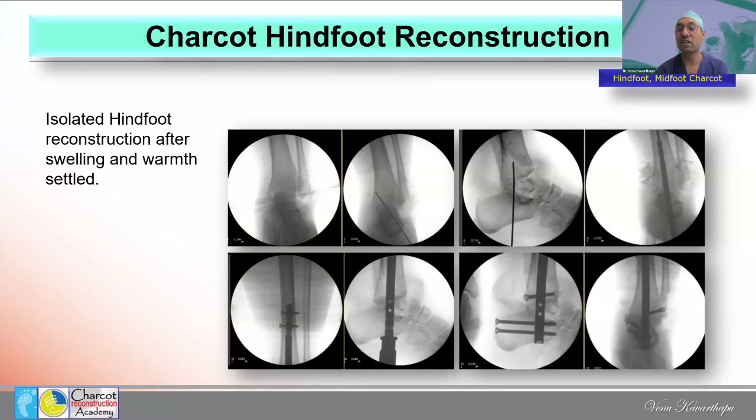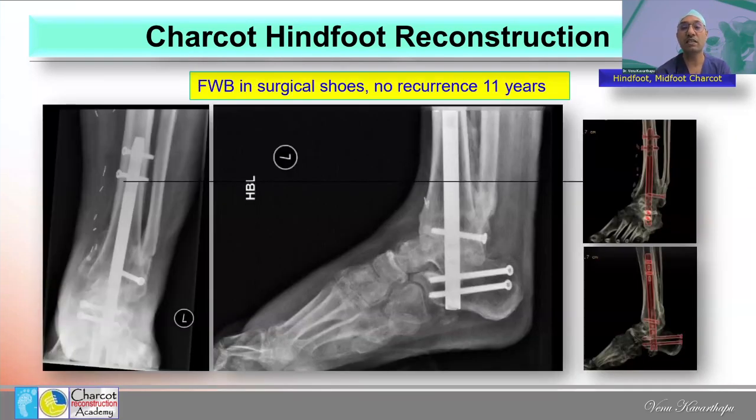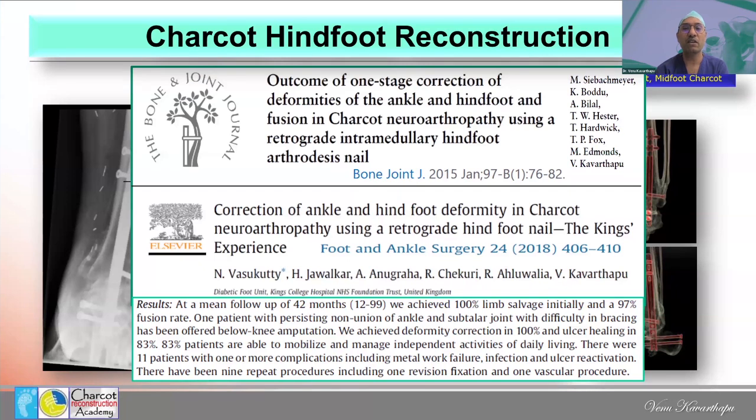And on this occasion, we used a vascularized fibula graft as well, but it's not always possible in more extreme presentations. And this patient, who works in our trust hospital, is still working as a volunteer and has remained ulcer-free. And we have shared our experience of hindfoot reconstructions.